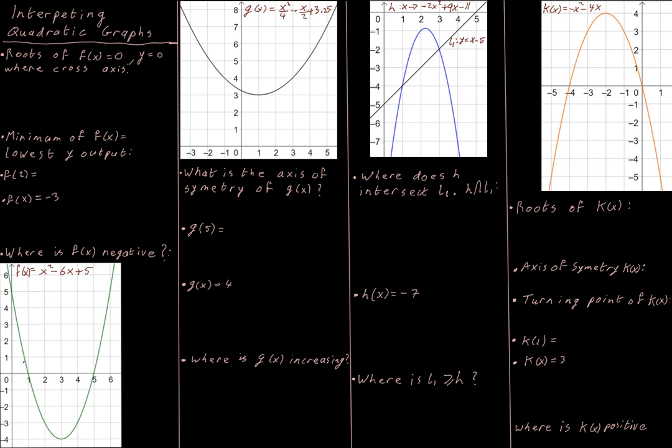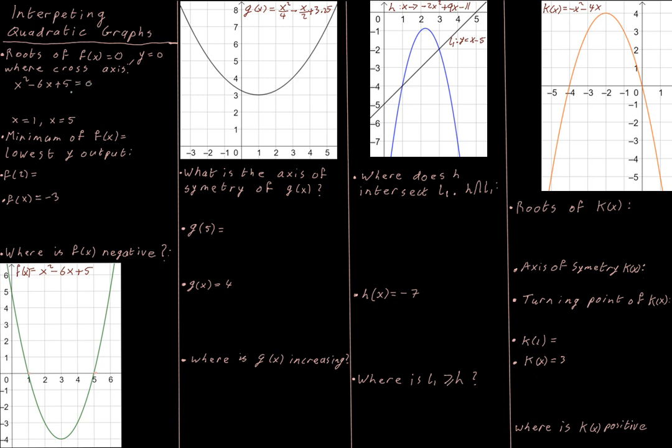Now visually from the graph, we can see that we cross the x-axis at 1 and at 5. So all we would have to do is say that this happens at x is equal to 1 and x is equal to 5. Algebraically, f of x is our y output, so we would be looking at where x squared minus 6x plus 5 would be equal to 0.